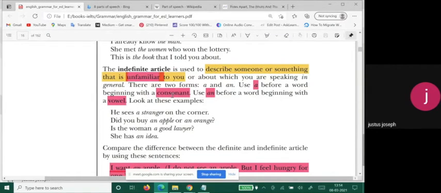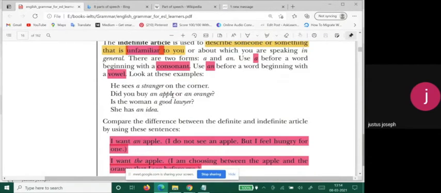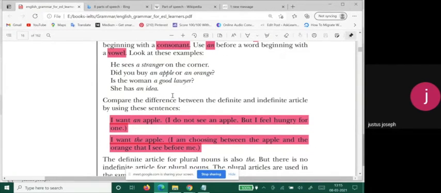Write consonant sound: it is not just the consonant letter, it is the consonant sound. A equals consonant sound, an equals vowel sound. A is the consonant sound, an is the vowel sound.